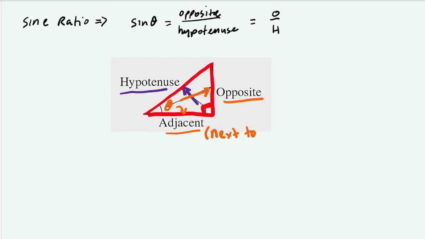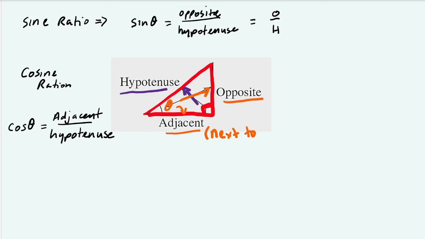Our cosine ratio works pretty similarly, but cos theta this time, instead of being the opposite, is the adjacent side over the hypotenuse.